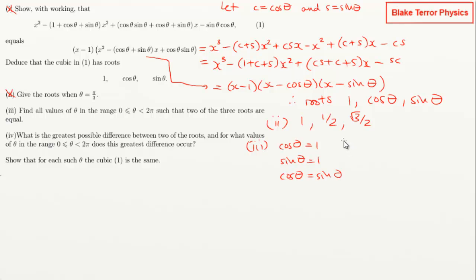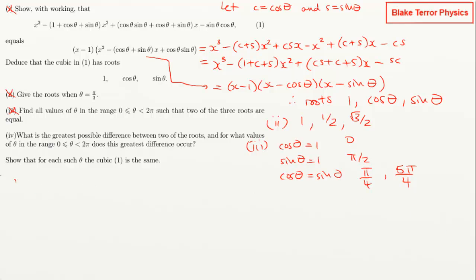So cos theta equals 1 we can include 0, that's fine, but we can't include 2 pi, so we've got 0. Sine theta being equal to 1 is just going to be at pi by 2. And then cos and sine are the same at pi over 4 is one of them, and then pi on from that, so 5 pi over 4.